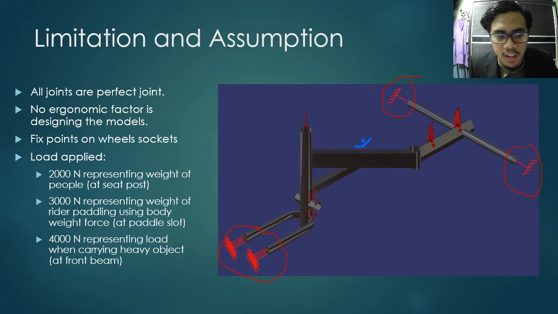The load of the heavy object is set to be 4000 Newton, which is around 400 kilogram, which even cars can barely lift if the car is concealed.